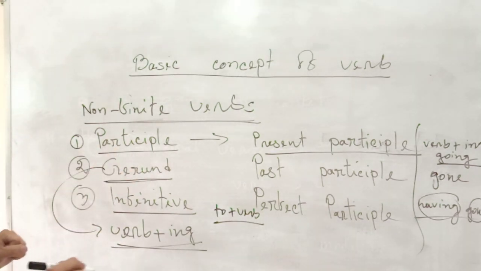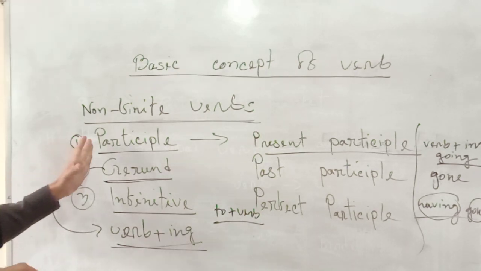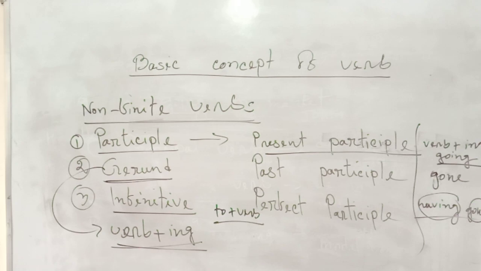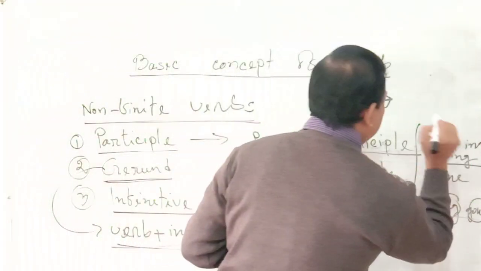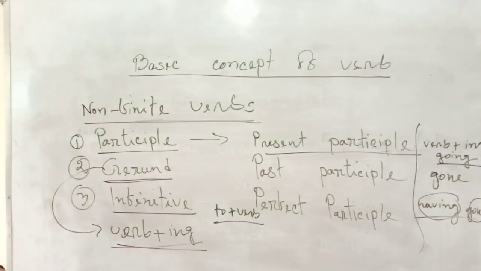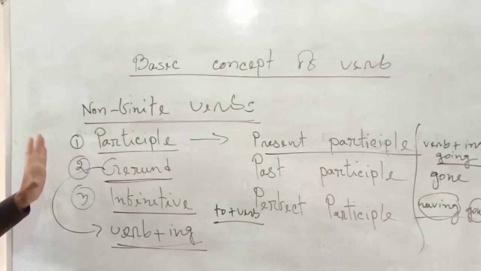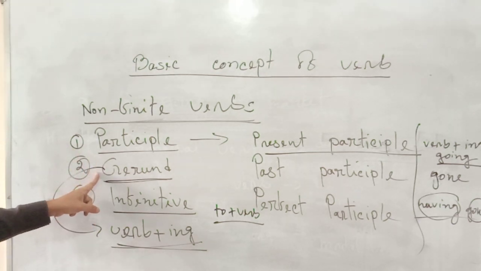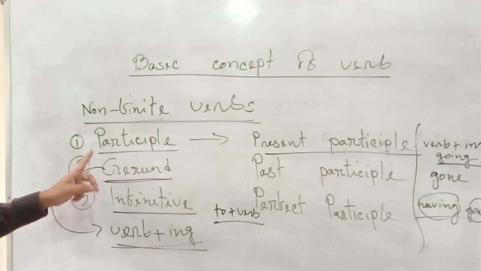I am telling this again. Participle works as an adjective. So if the verb with ing works as an adjective, then that's a present participle. And if the verb with ing works as a noun, then it's a gerund. We have already said that gerund is a non-finite verb that works as a noun.